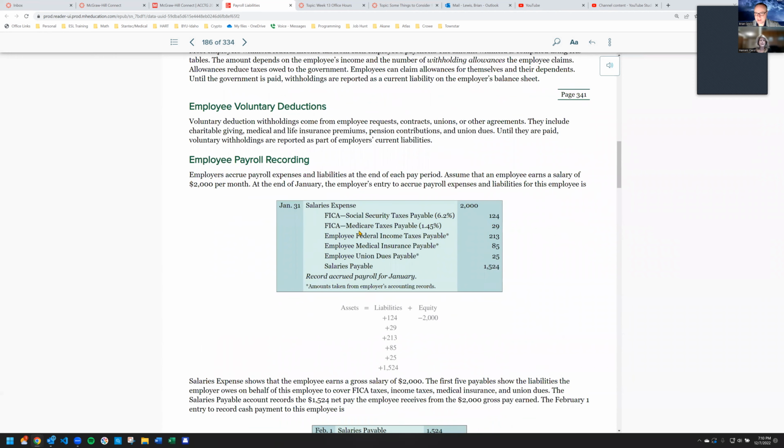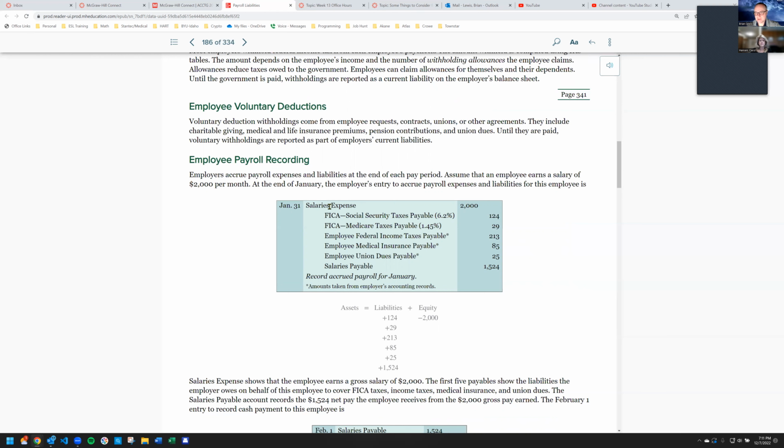But that all gets set up, and this is your gross pay. These are all your individual deductions that go into a special account on the liability side, and then your net pay is this.